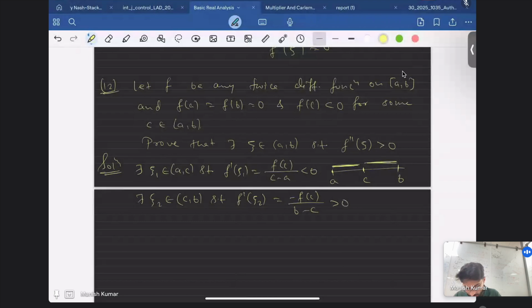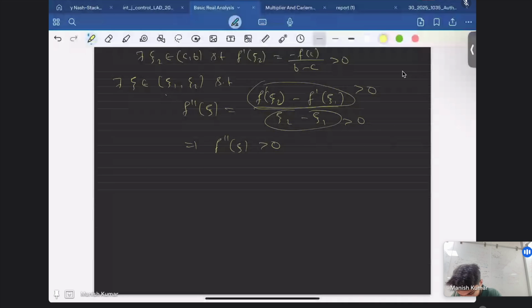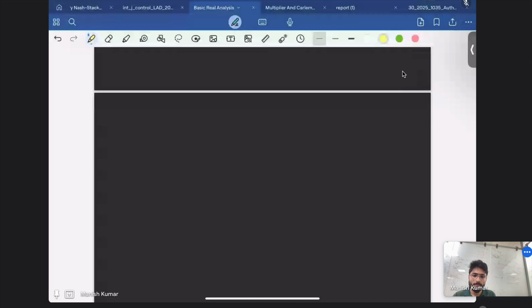Okay, so let's do one problem from R2. That would be the last problem. So from R2 let's take differentiability. Do you have something to say? No. Okay, so then let's do one problem from higher dimension.